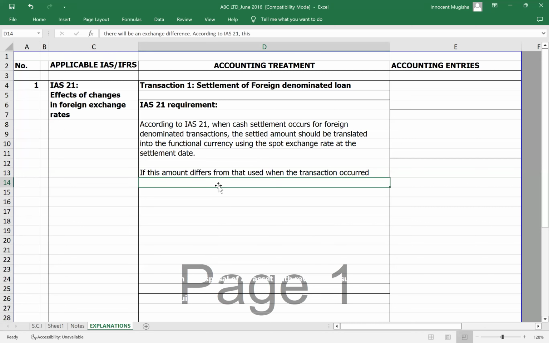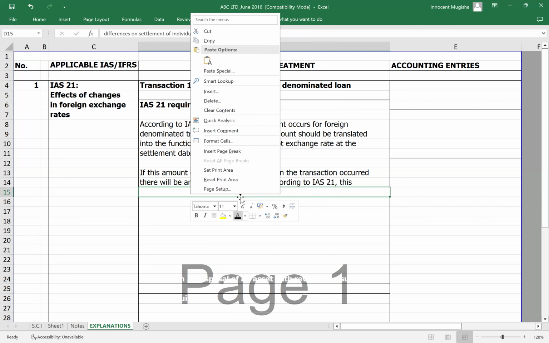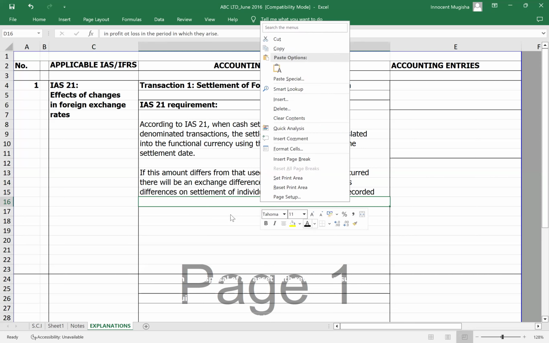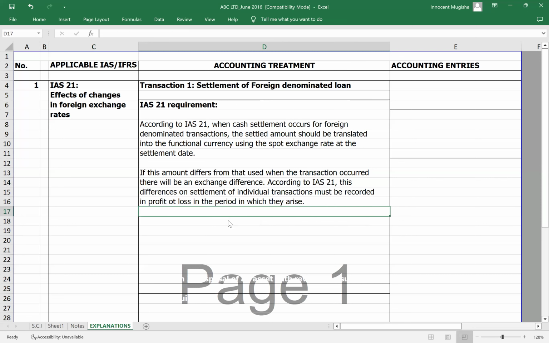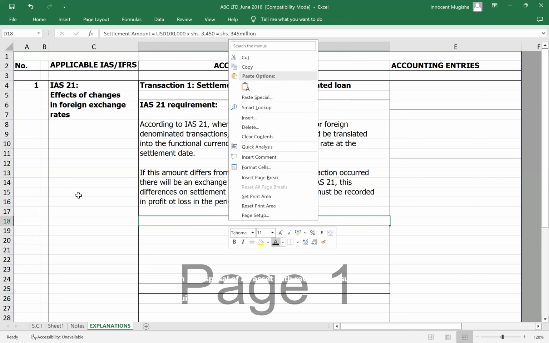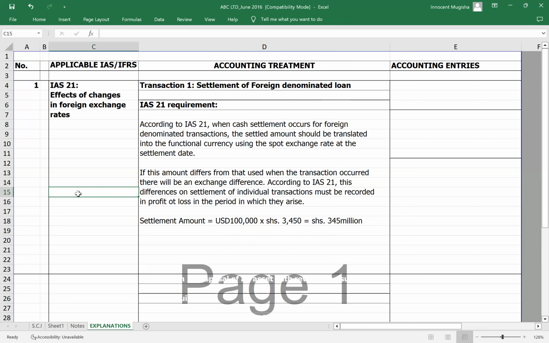According to this, the difference on settlement of individual transactions must be recorded in P&L in the period in which it arises. So we shall determine the settlement amount by getting the United States dollars 100,000 times our rate at the date when we settled the loan.